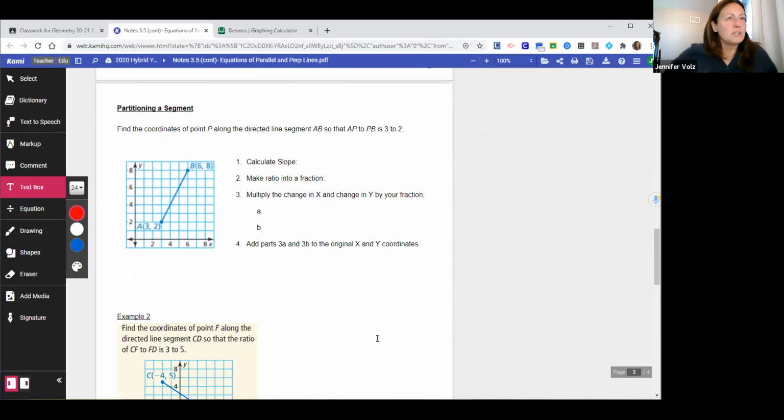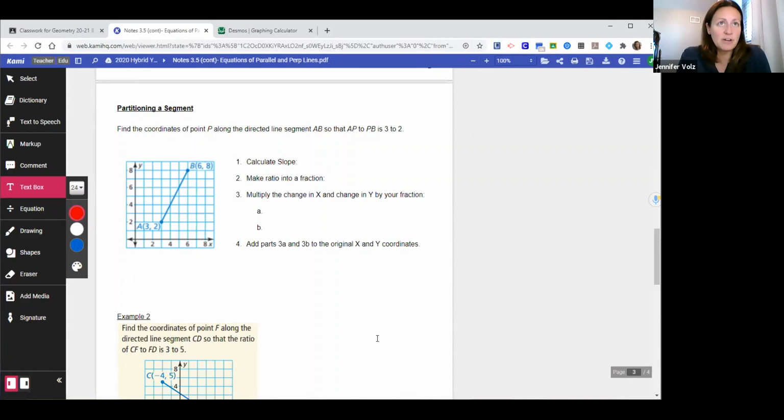We're going to learn how we can answer a question like this. If you are given a segment like you see on the screen, AB, goes through (3, 2) and (6, 8), and you want to partition that segment into 2 pieces, but not half and half.